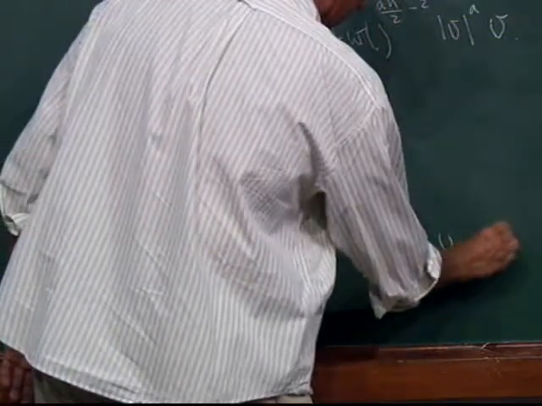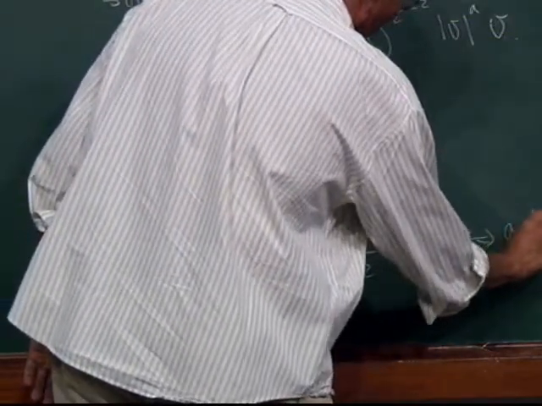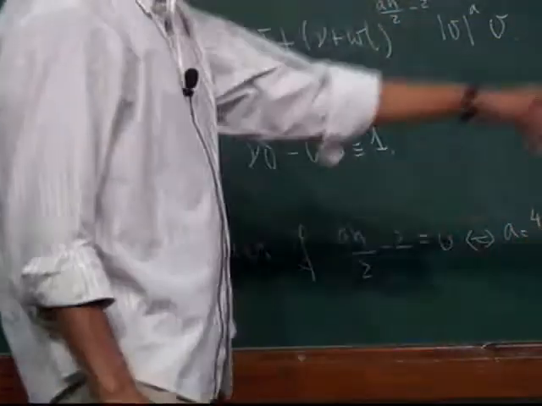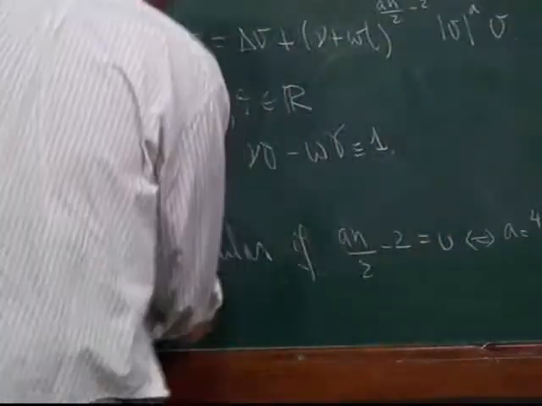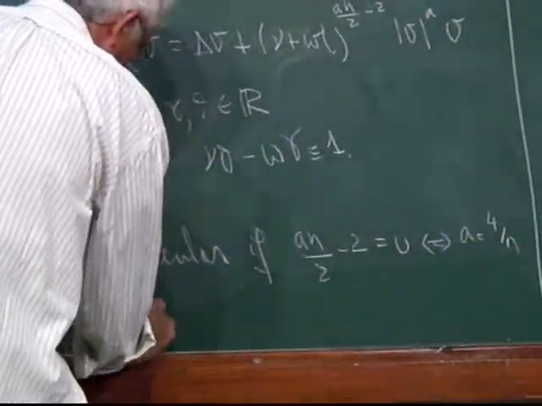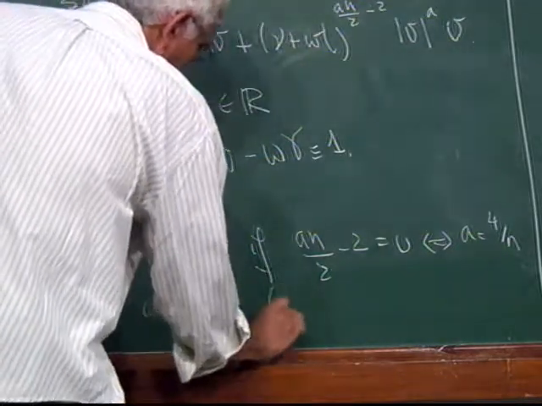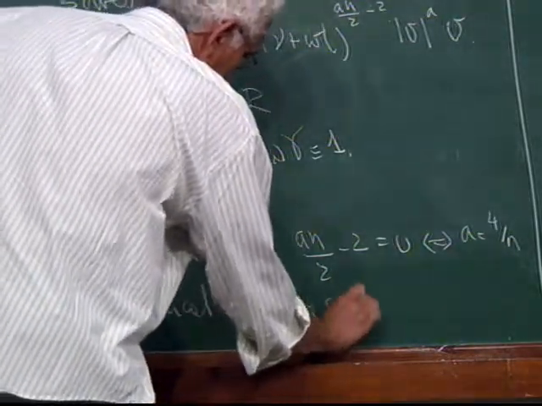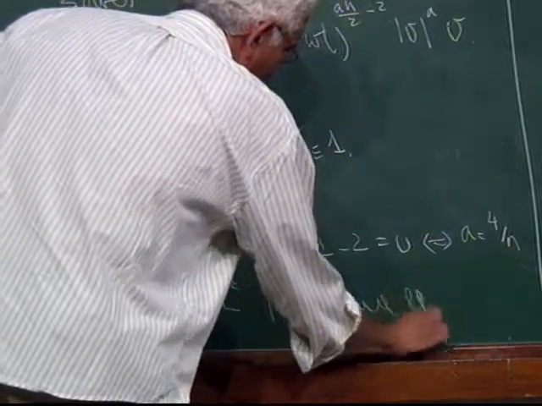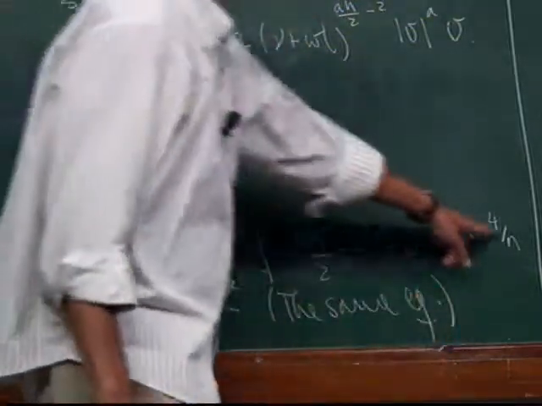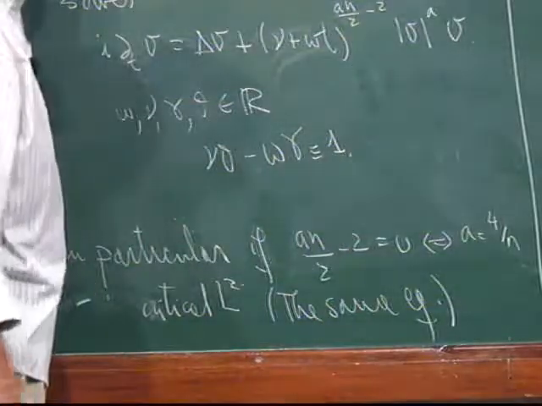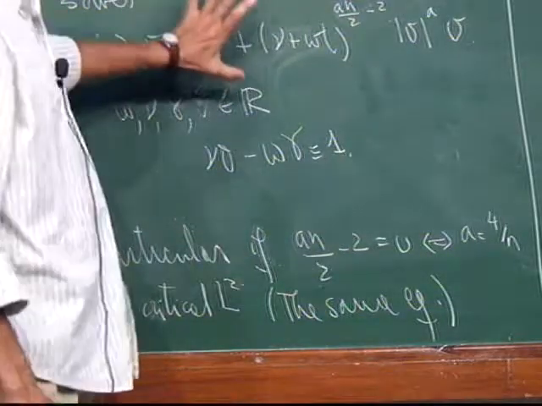That means if A is equal to 4 over n, that means that you are in the critical L2 case, the same equation. When you are in the L2 critical case, that this power is 4 over n, if this solves the equation, you do this transformation, you solve the same equation.